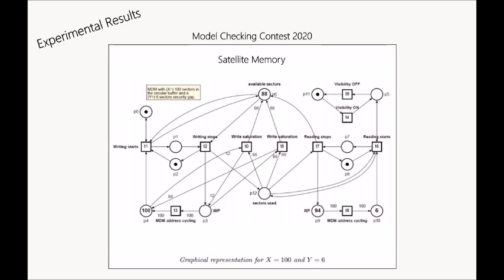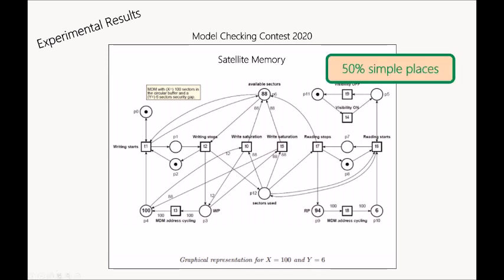And the results and the runtimes are in the paper, but you see that here 50% of all the places are simple places. And by simple place, I mean that they can be decided firing forwards or backwards.